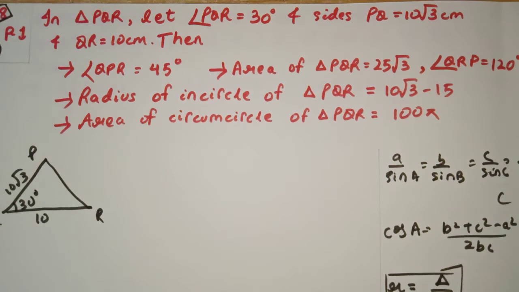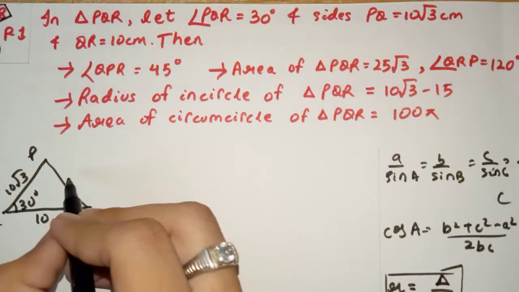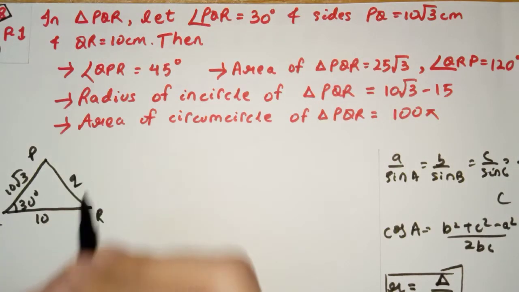The very important thing to mark here, whenever we have two sides and one angle given, we always use the cosine formula. Repeat after me. Whenever we have two sides and one angle given, we use the cosine formula to find the rest. Suppose we want to find this side, we don't know it, so let it be q.